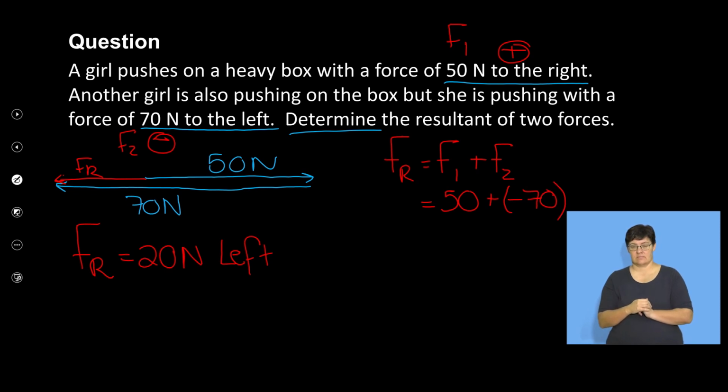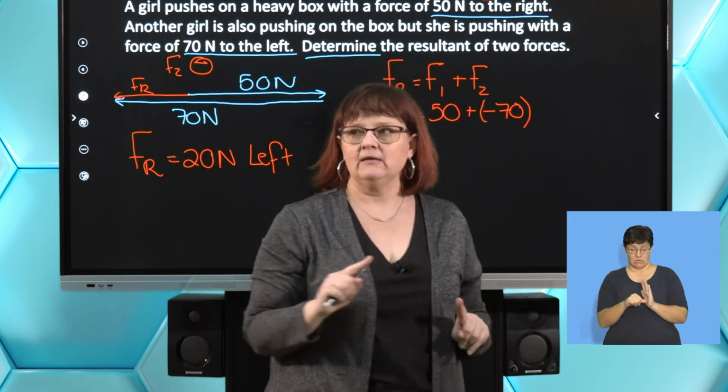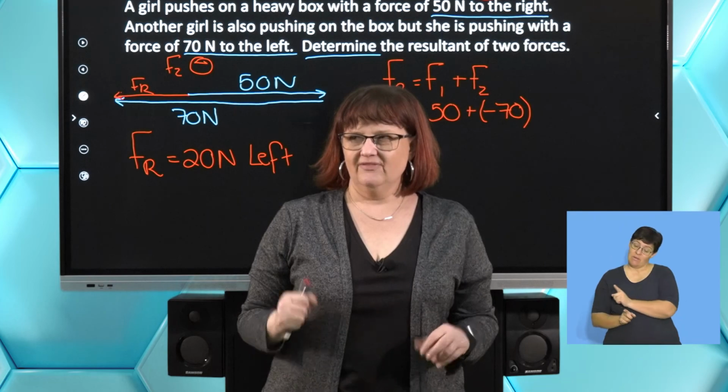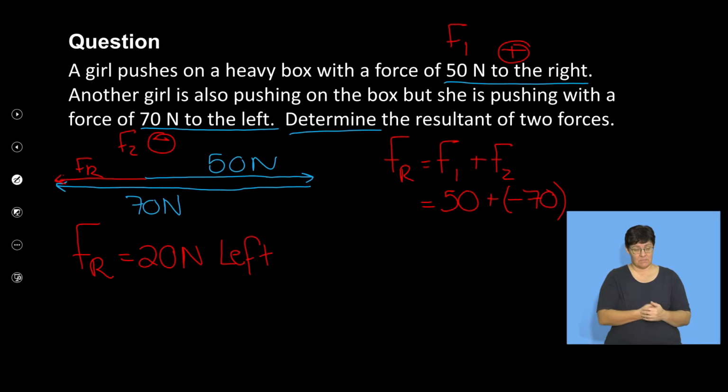That minus is important because it's direction. It's telling me that it's in the opposite direction to the 50. I need to know that. If I do this and we go 50 minus 70, we're going to end up with minus 20.